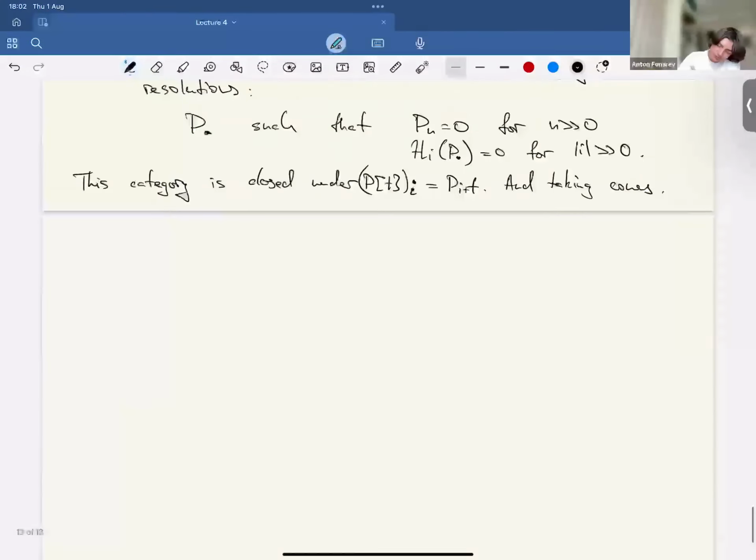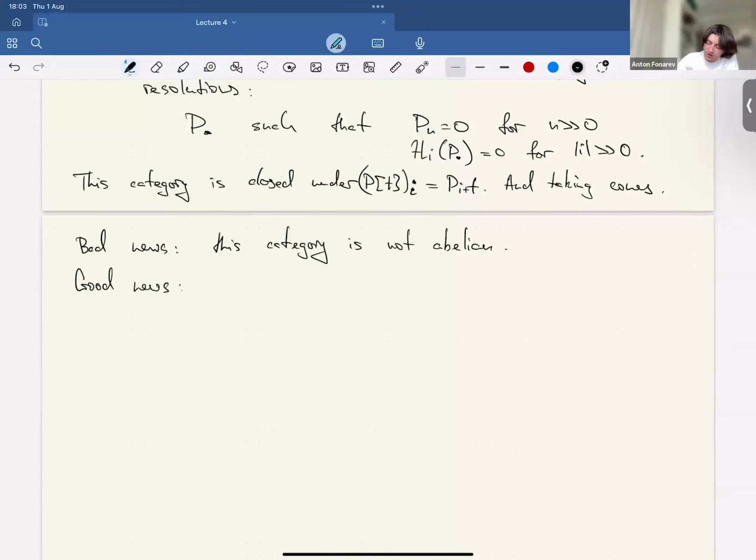The bad news, this category is not abelian anymore. Good news, using this, it is very easy to define our so-called derived functors.